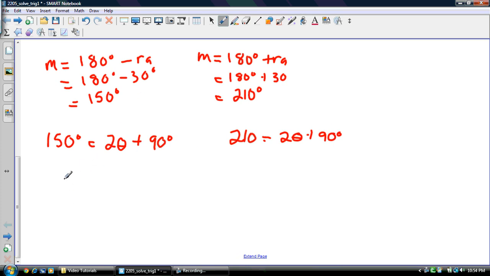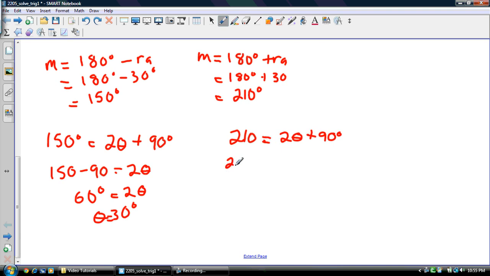So I take the 90 across and I subtract. So I have 150 subtract 90 is equal to 2 theta. So I end up with 60 degrees is equal to 2 theta. So that gives me theta is equal to 30 degrees. And over here, I have the same situation. So I have 210 minus 90 is equal to 2 theta.